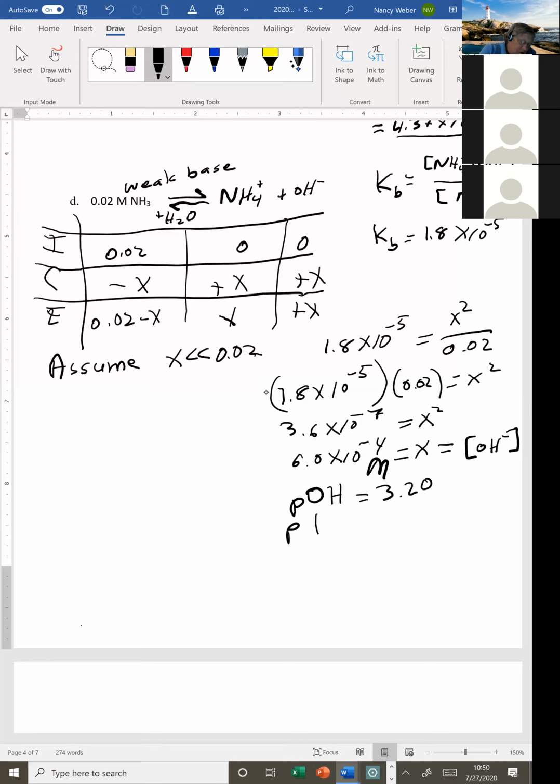So pH will equal 14 minus 3.20, which is going to be 10.8. And then your hydrogen ion concentration is going to be 10 to the minus 10.8.